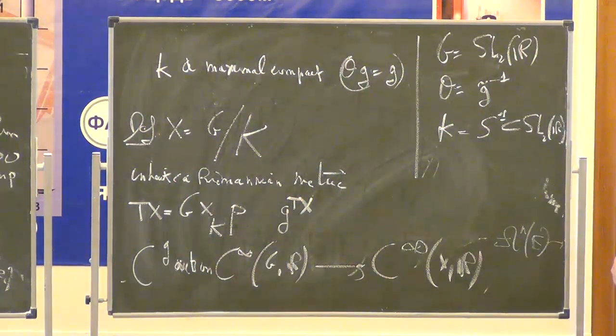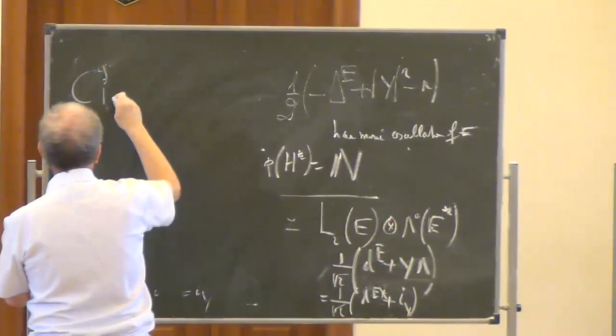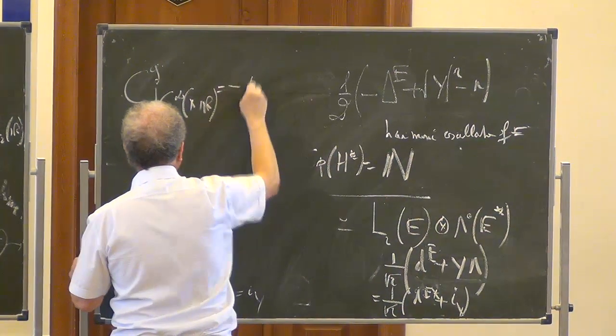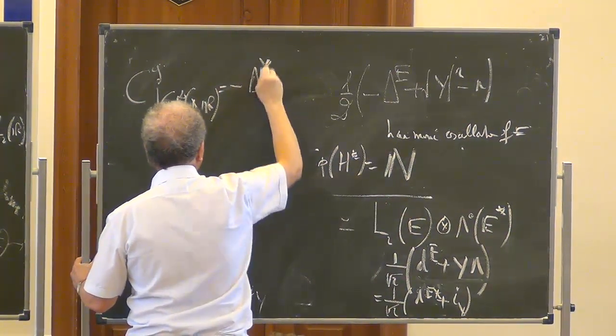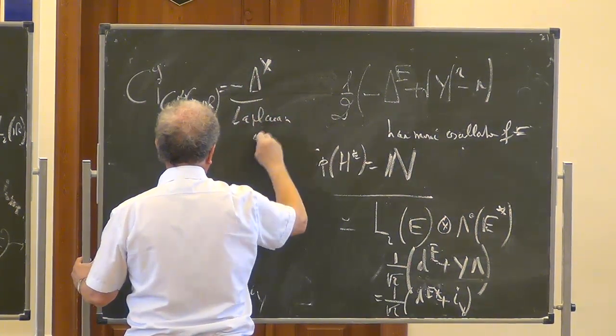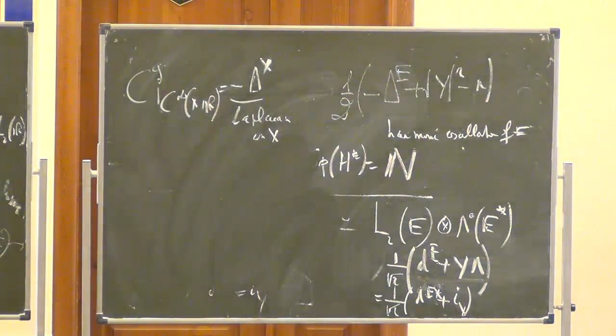It's very easy to show that the action of the Casimir on C infinity of X, R is just given by minus the Laplacian of X. So in other words, the action of the Laplacian on X comes from the action of a canonical invariant differential operator acting on the group.